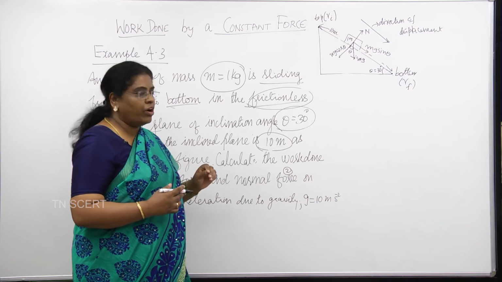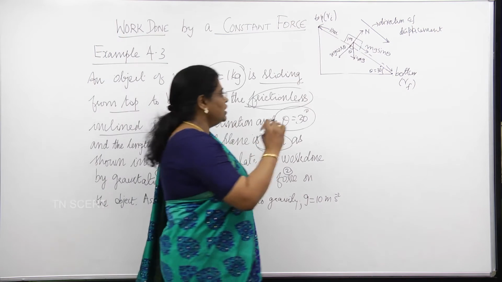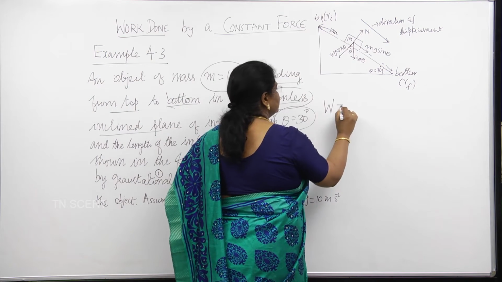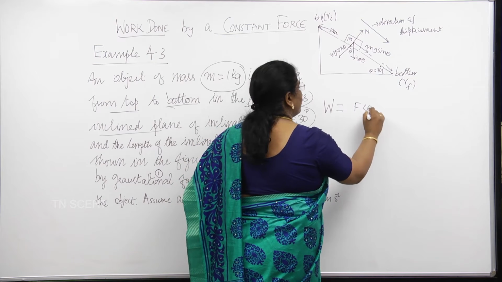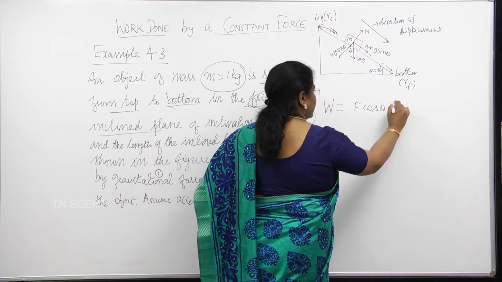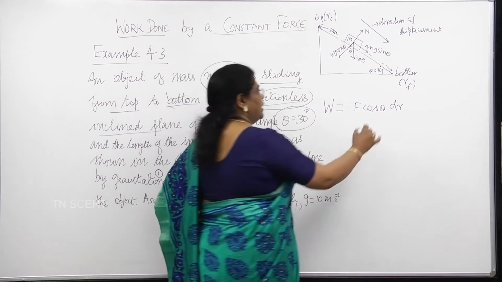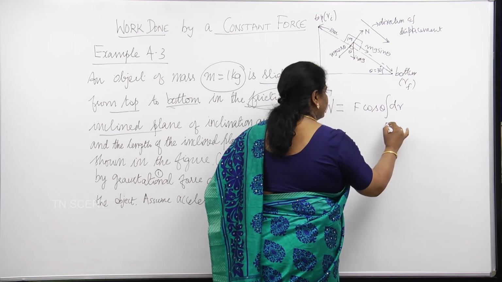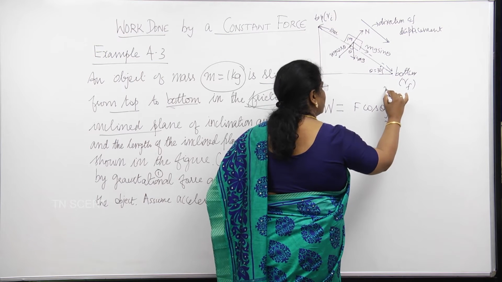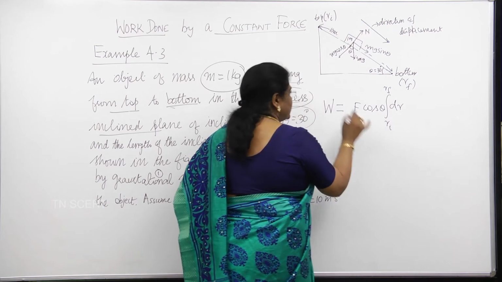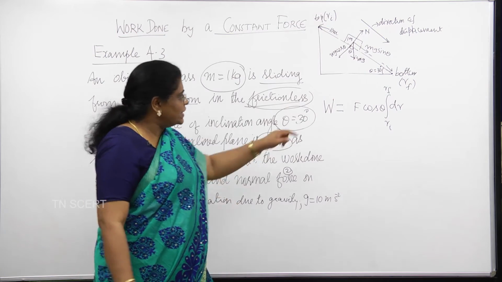So, shall we write the formula for work done now? Work done is equal to the integral of F cos theta dr, the standard formula, if it is a constant force, from r initial to r final. Now, in this case, what is theta?